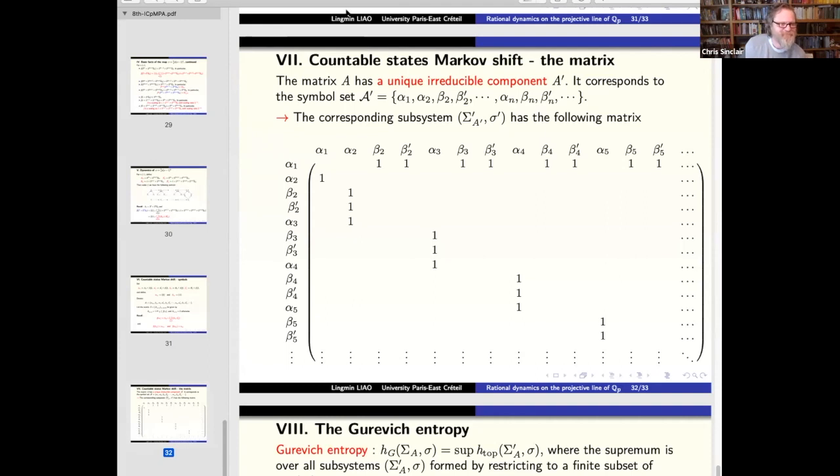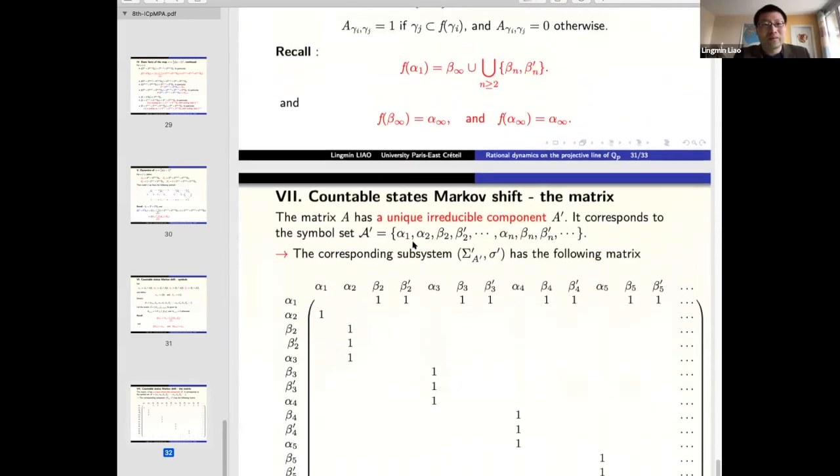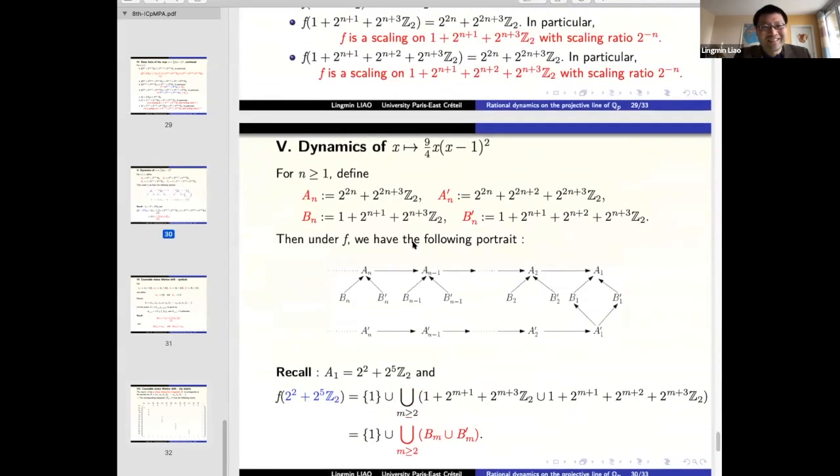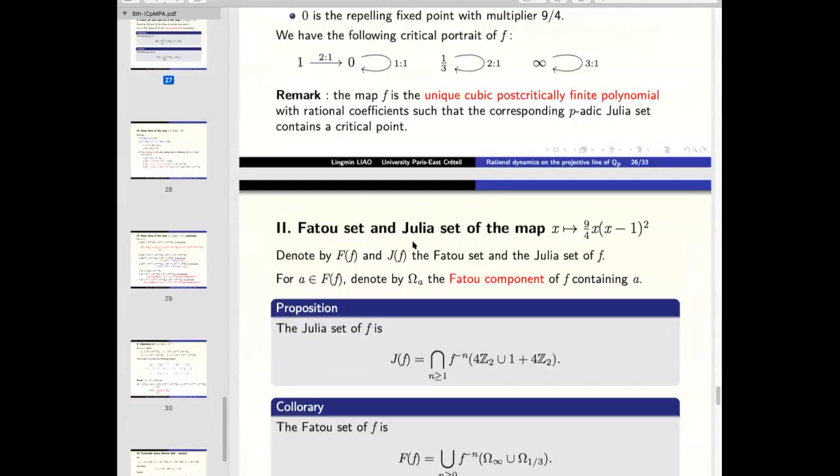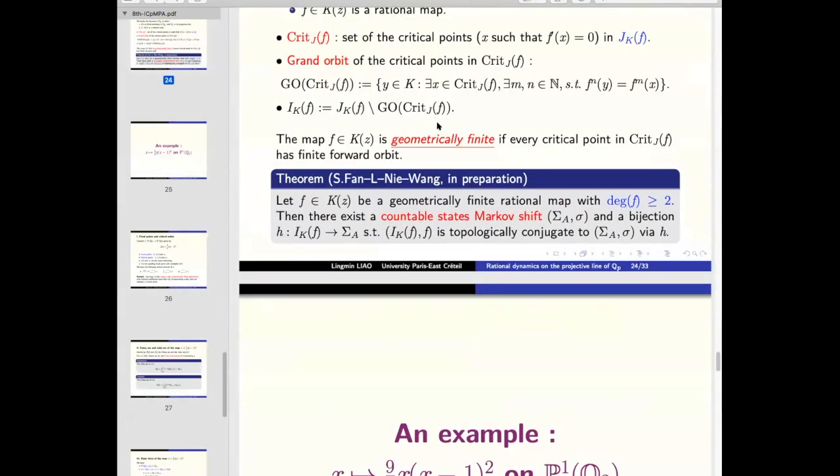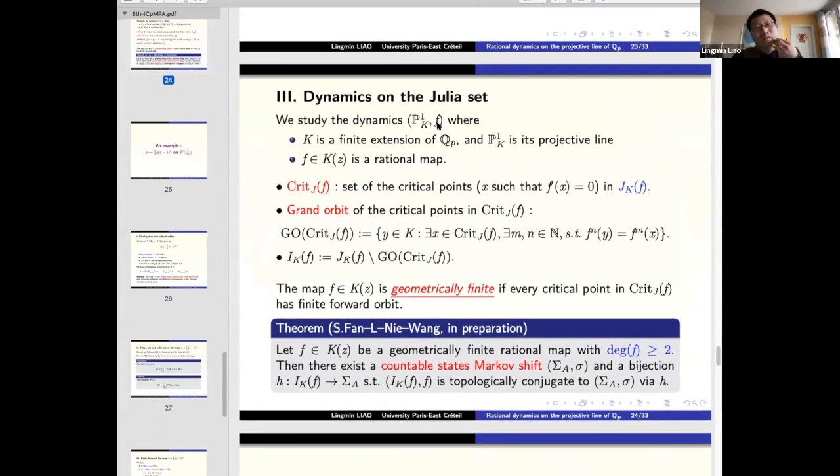So I stop my sharing. Is this one countable, is it published somewhere or not? No, it's in preparation. Not yet. But maybe this year we can put it on the arXiv.